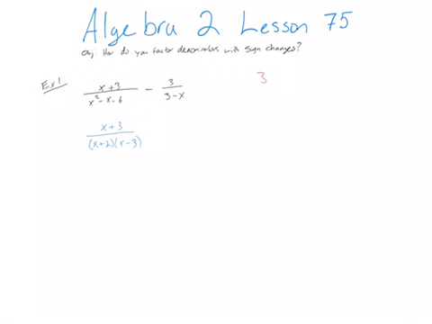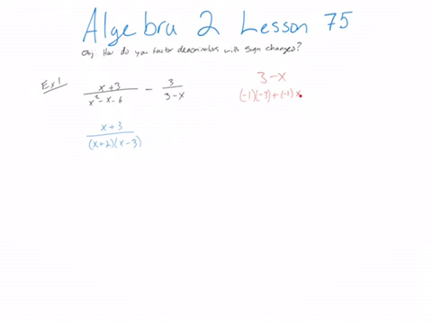If I take 3 minus x, what if I factored out a -1? Now, just bear with me. What if I said -1 times -3 plus -1 times x?